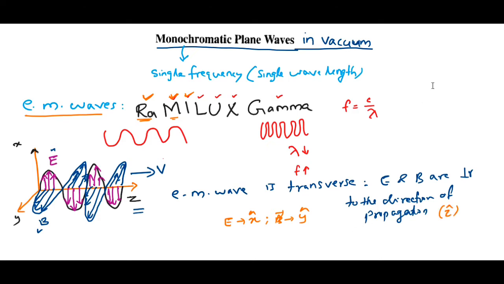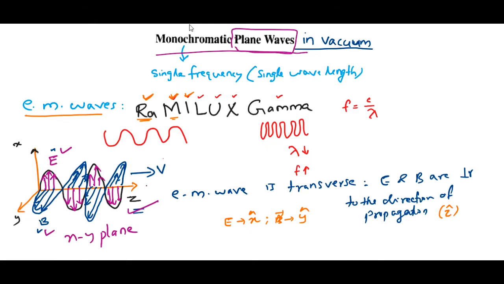Now let us define what is a plane wave. That is, the electromagnetic wave confined to move in a single direction, that is along z direction in the figure, and the E and B vectors both lie in a plane, that is, the xy plane. That plane is perpendicular to the direction of the propagation.